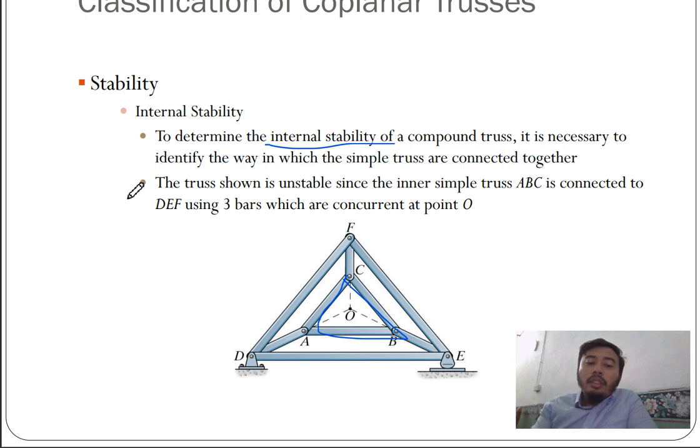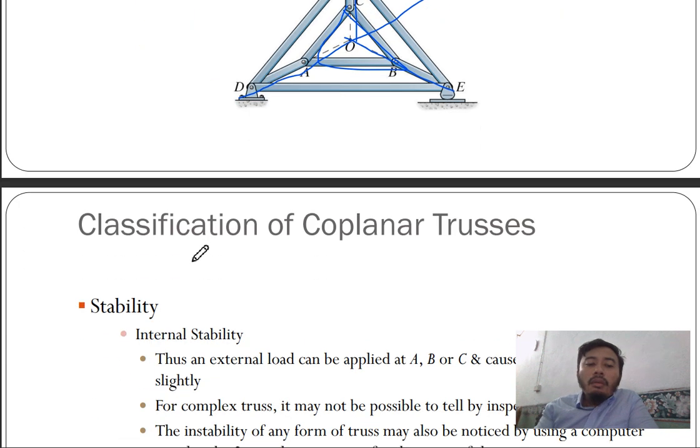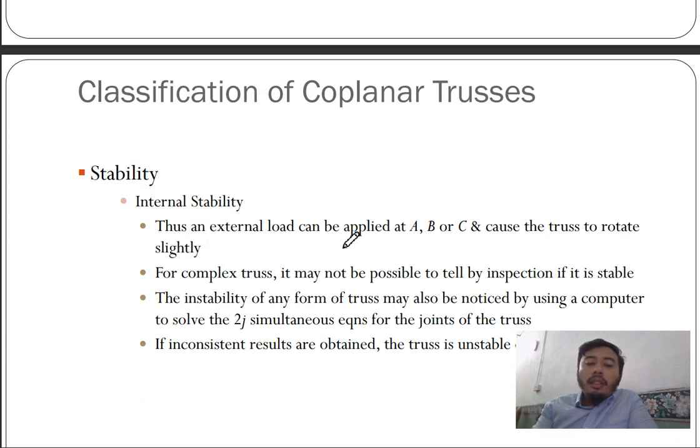So the truss shown is unstable since the inner simple truss ABC is connected to the simple truss DEF using 3 bars, AD, CF and EF, which are concurrent at point O. They meet at point O. Thus, an external load can be applied at A, B, or C and cause the truss to rotate.